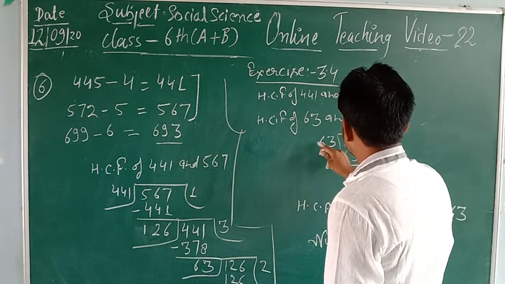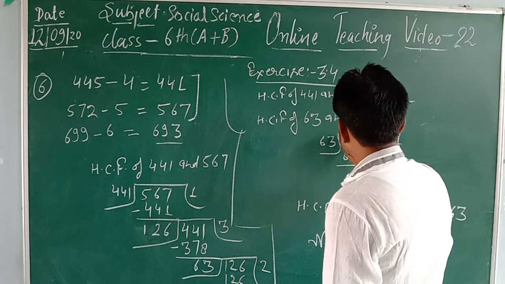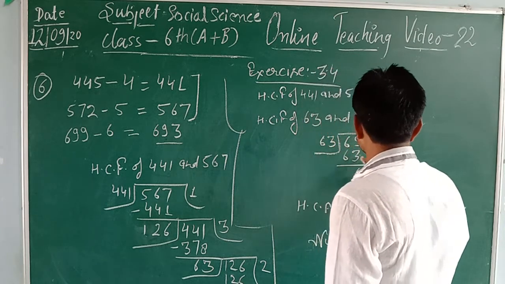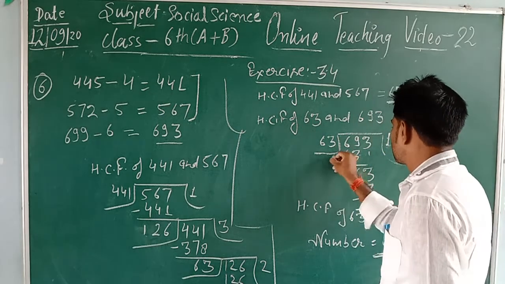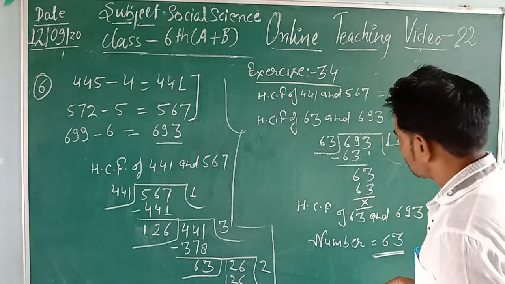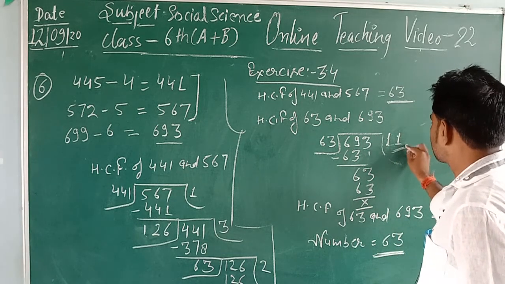When we divide 693 by 63, 63 times 11 is 693, so it is wholly divisible.